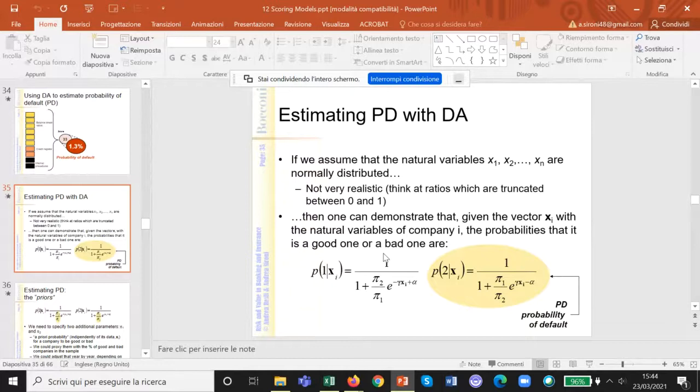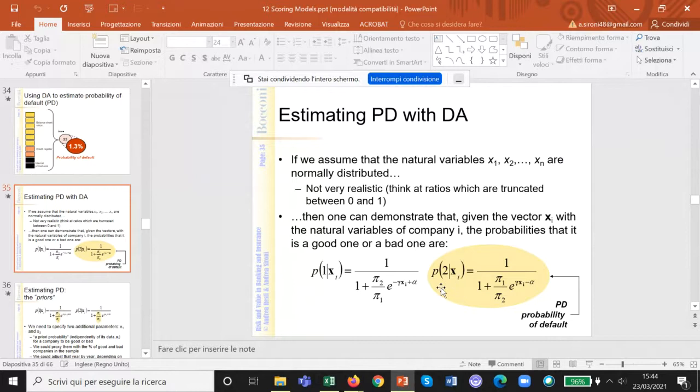So what you see in this equation, for example, here, is the probability that company i belongs to group 1 given the values of its ratios xi, okay? i.e. it's the probability of belonging to the good companies.